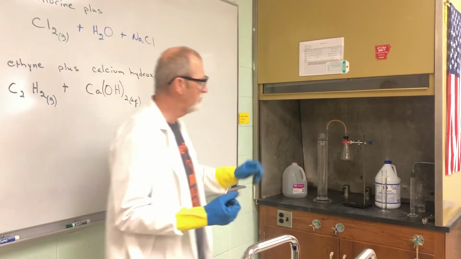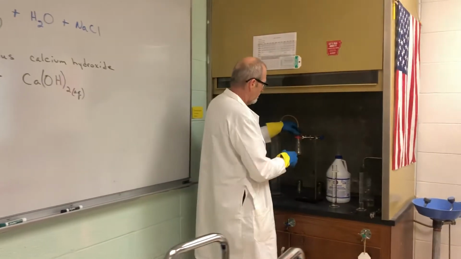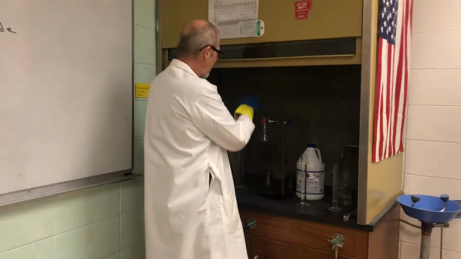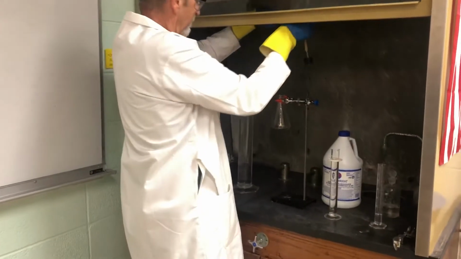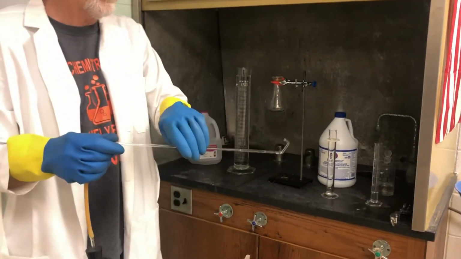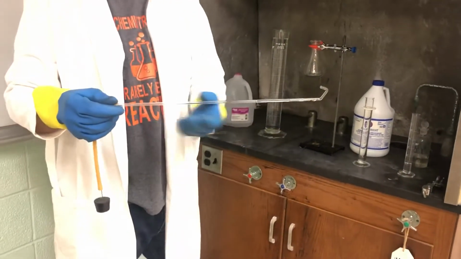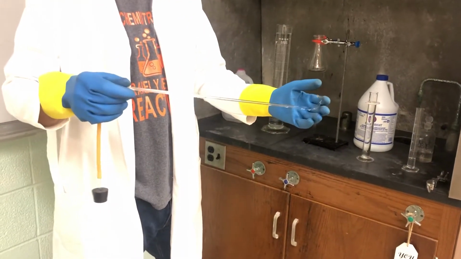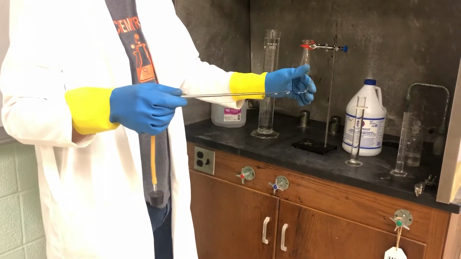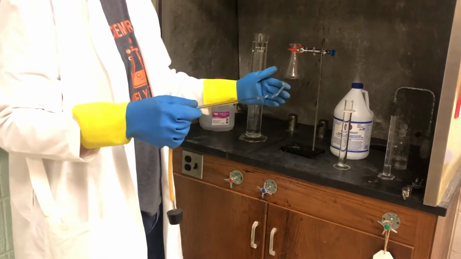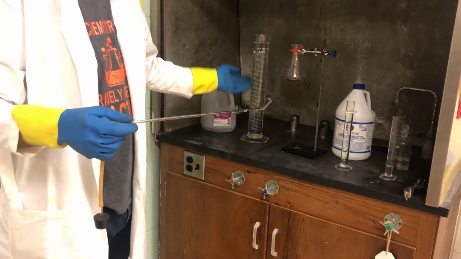Now I'm going to add the bleach first to the flask. Now I've created this device. It's just a piece of tubing that I've bent, and as you can see, it comes down, makes a little hook near the base of the graduated cylinder.